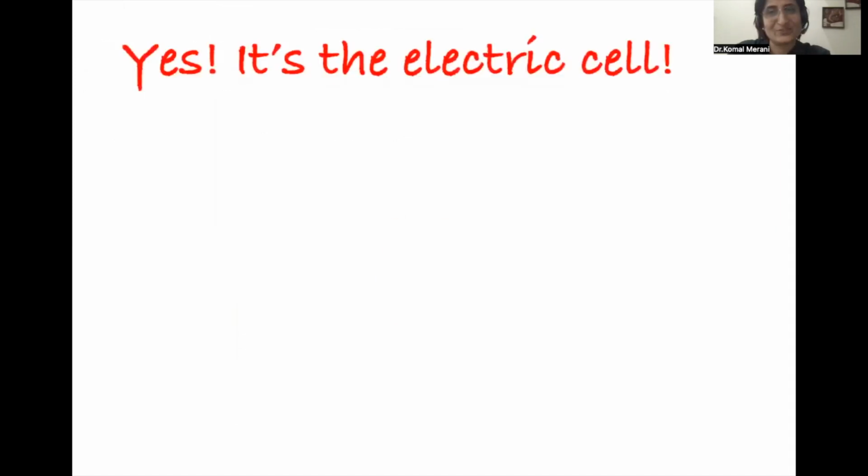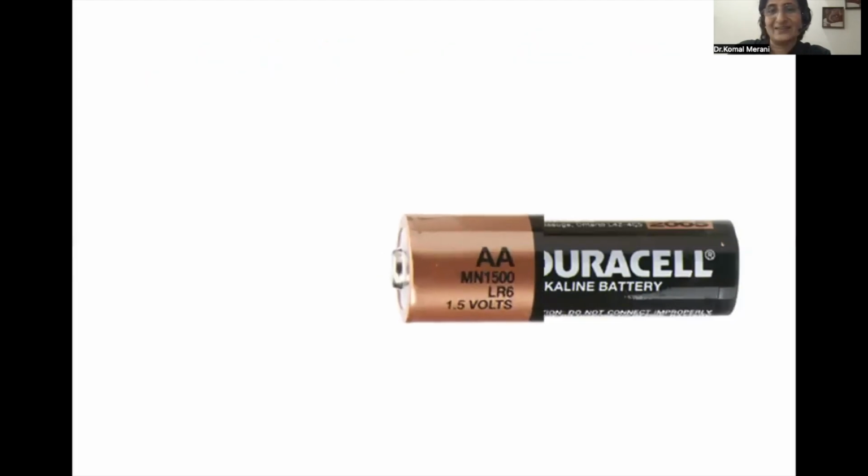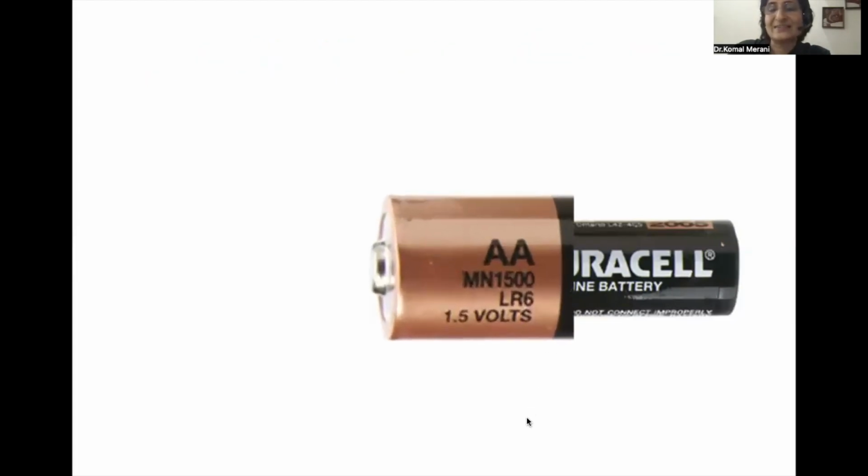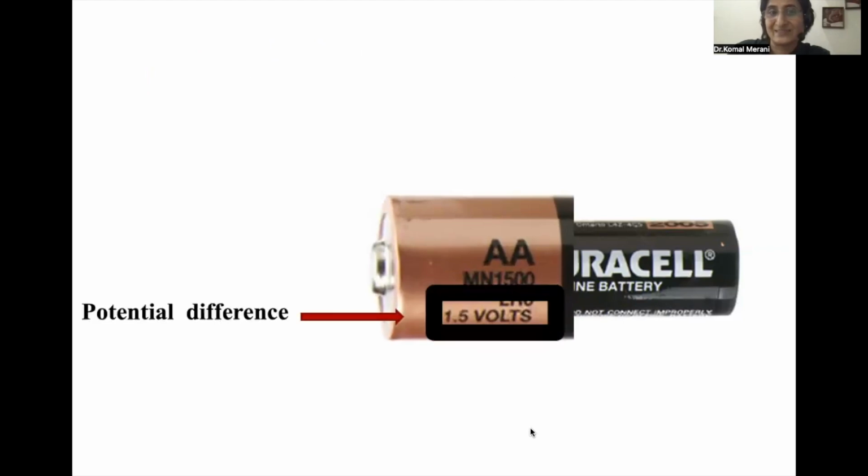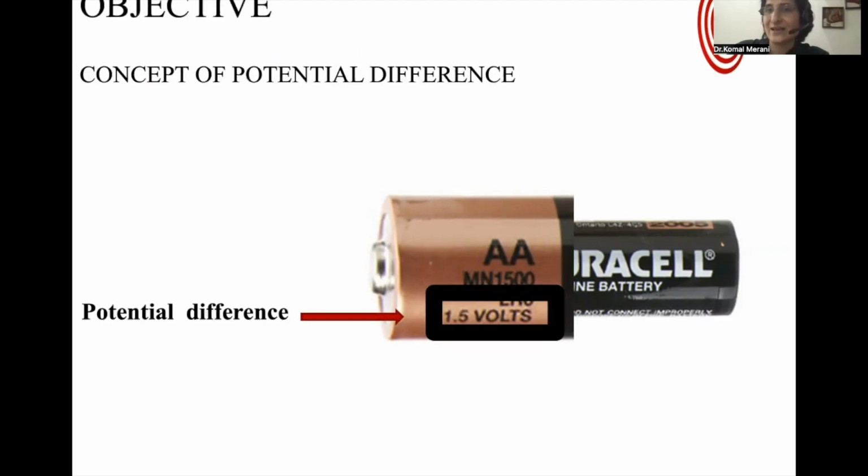Yes, it's the electric cell. Today, we need to understand it is the potential difference of the electric cell which is responsible for the streamlined flow of electrons constituting the current. So, today's objective is to understand the concept of potential difference.